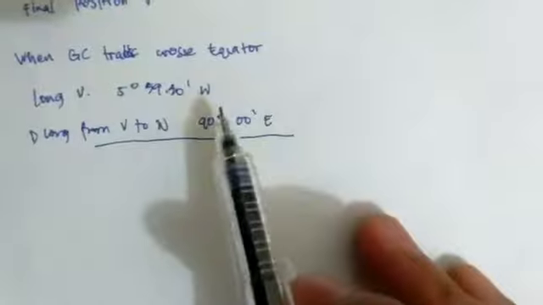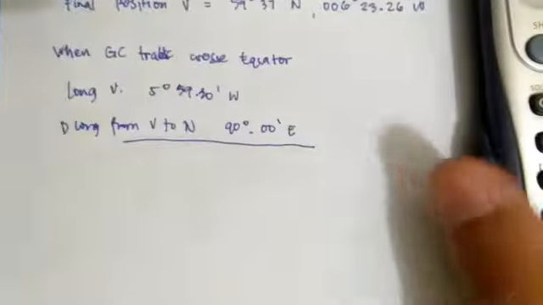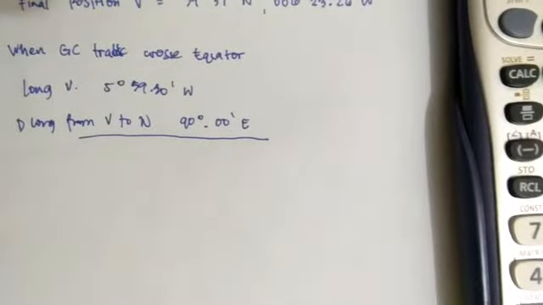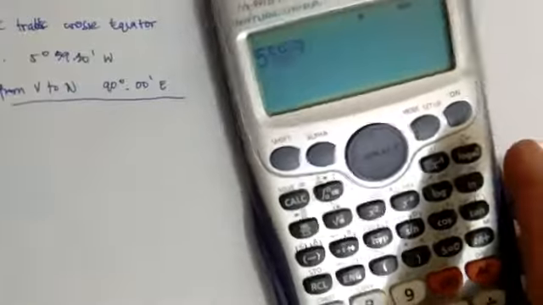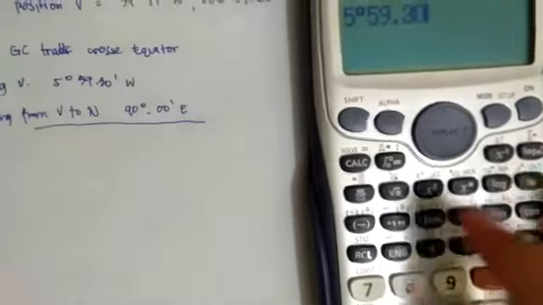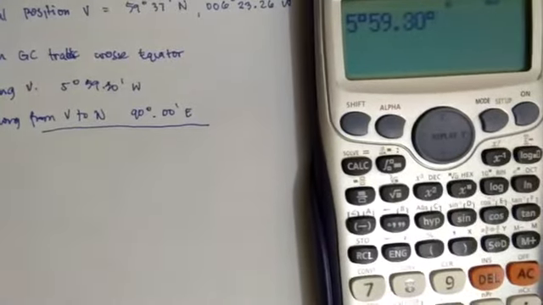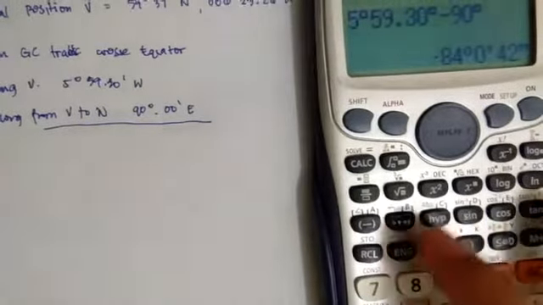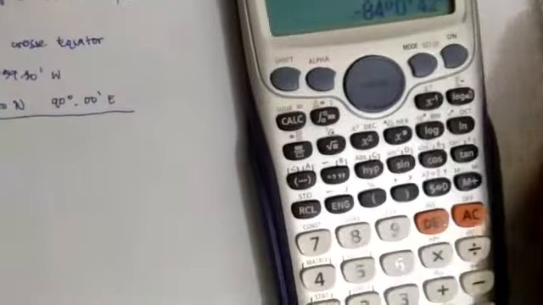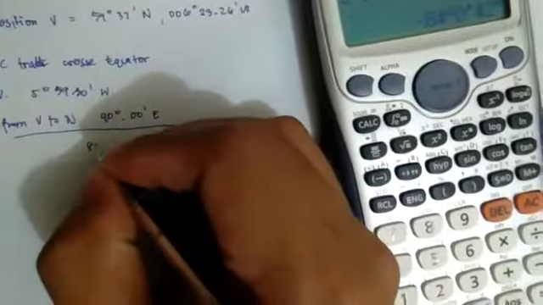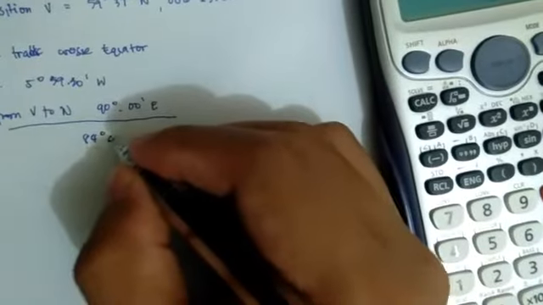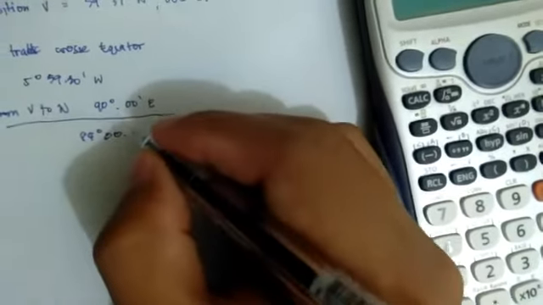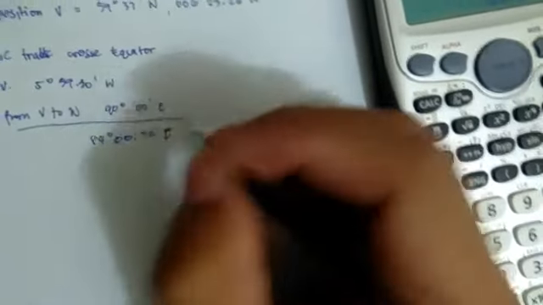Since it has different signs, we need to minus: 5 degrees 59.30 minutes minus 90 degrees is equal to 84 degrees 0.70 minutes east.